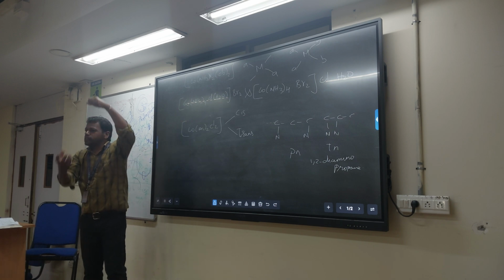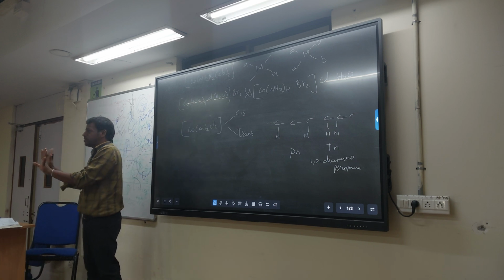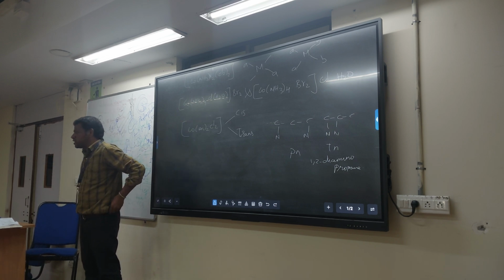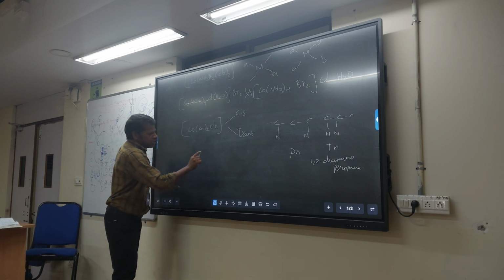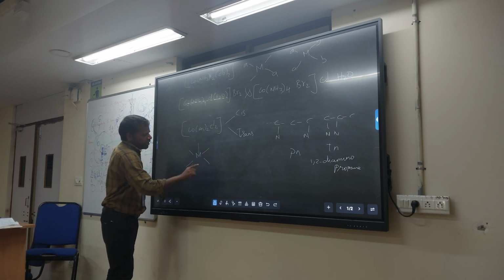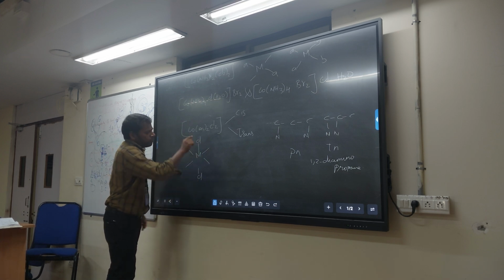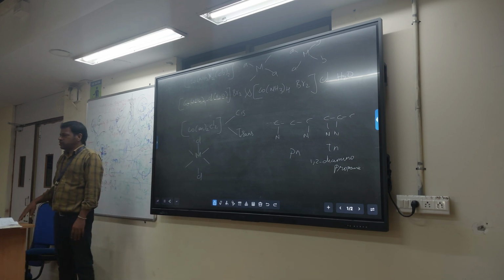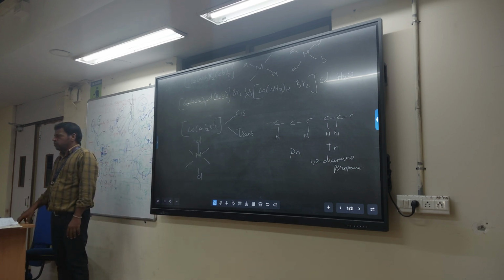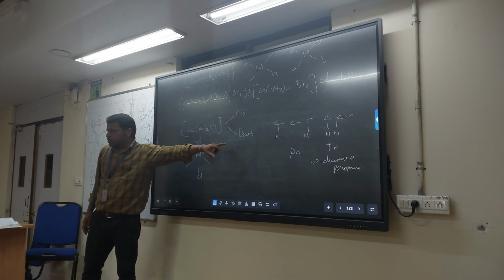Trans: Cl on opposite sides means trans. Other cases are cis. That's it. The metal is there. Whatever you forget, only the Cl at top and bottom means trans. Okay, other is cis. Cis and trans complex.